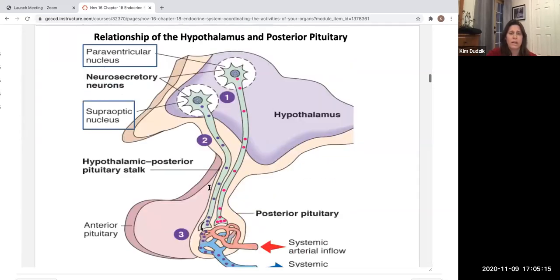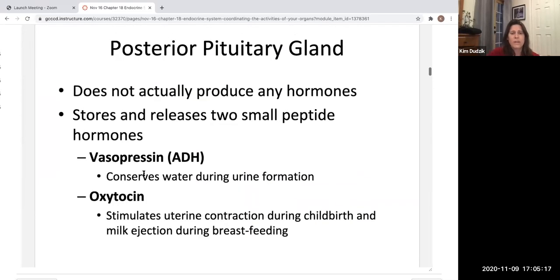Vasopressin and oxytocin. So vasopressin we actually talked about before because its other name is ADH, antidiuretic hormone. So this is the hormone that we mentioned in the kidney when we need to reabsorb more water if the body is still too dehydrated.